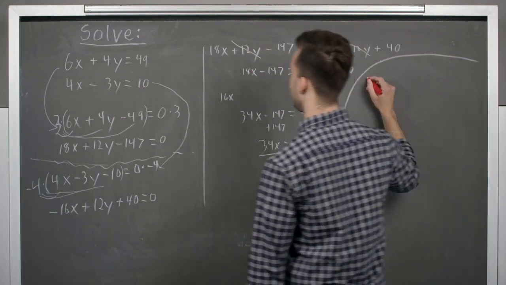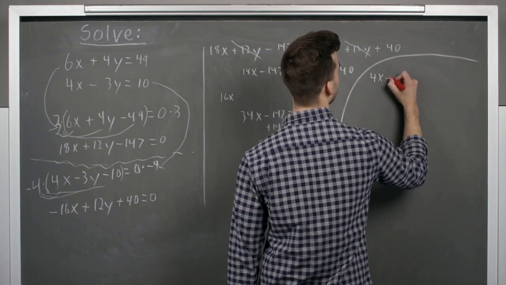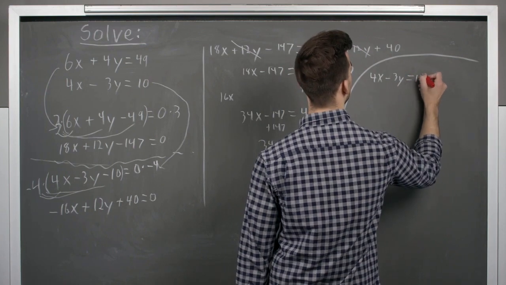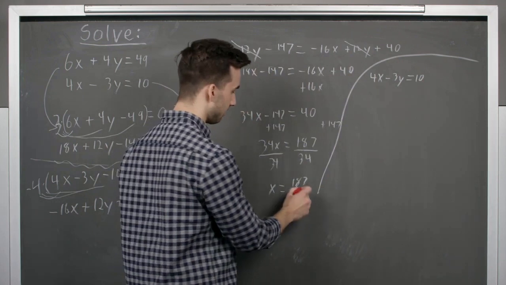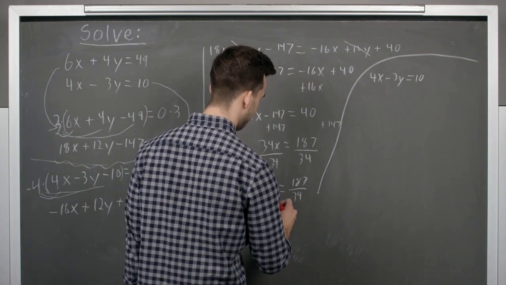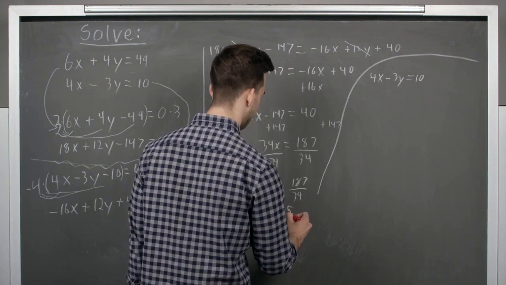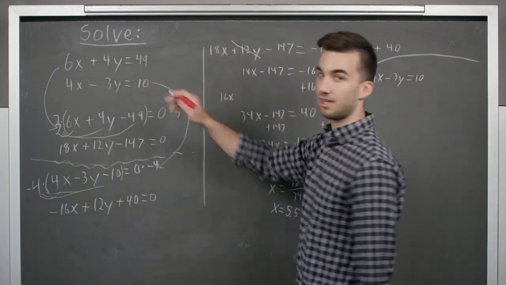So I'll just write 4x minus 3y is equal to 10. And I actually checked my calculator. This number is equal to 5.5. So for the sake of not doing messy math in this example, we will just plug in 5.5 to make our lives easier.